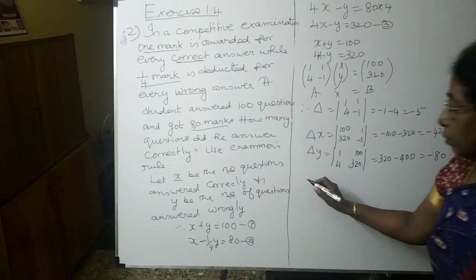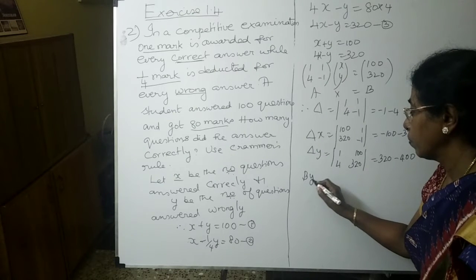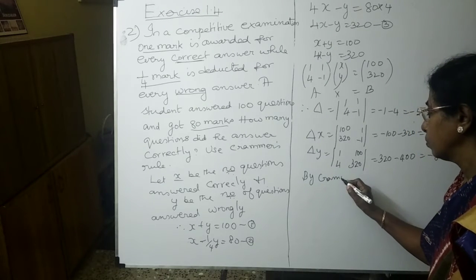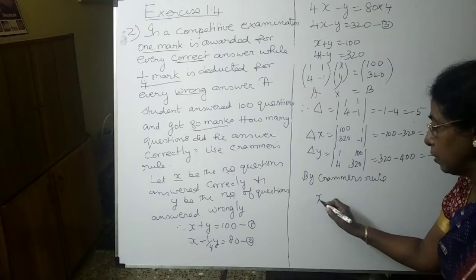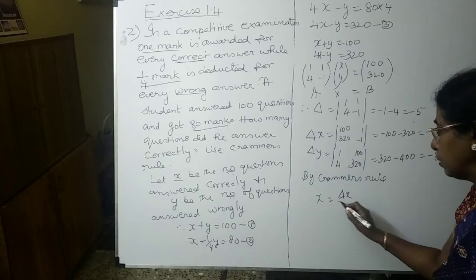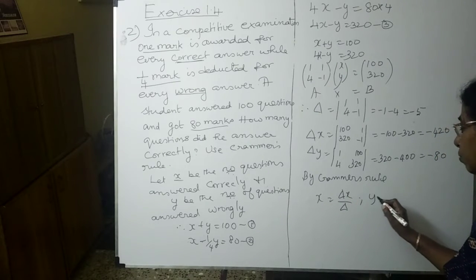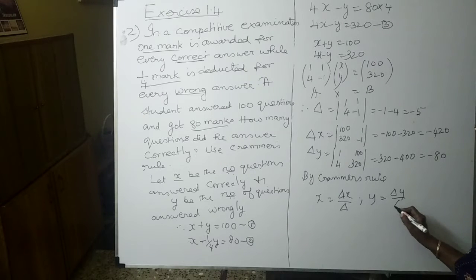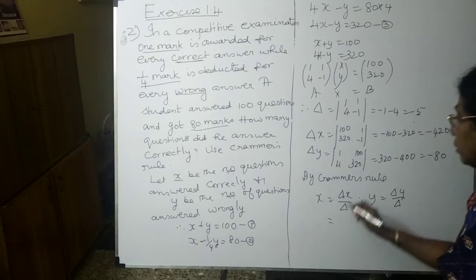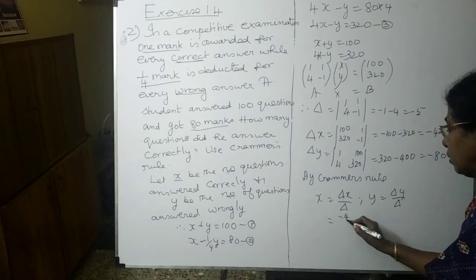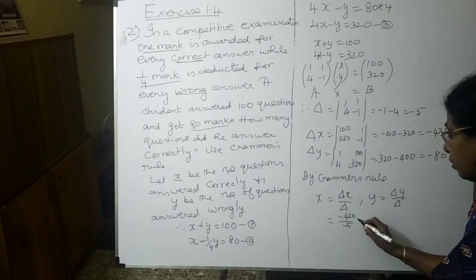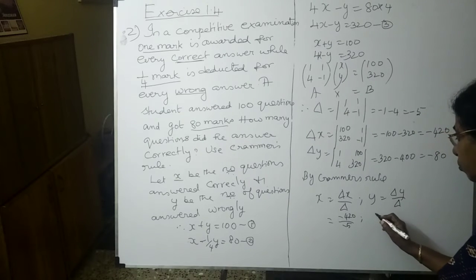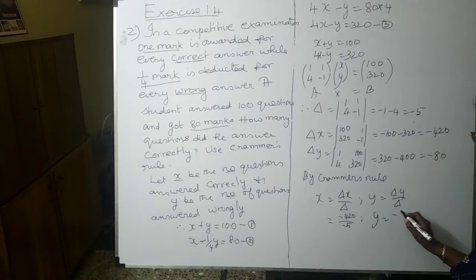Now, by Cramer's rule, we get x is equal to delta x by delta and y is equal to delta y by delta. So x is equal to delta x value, we have minus 420 divided by minus 5, and y is equal to delta y value, minus 80 divided by minus 5.